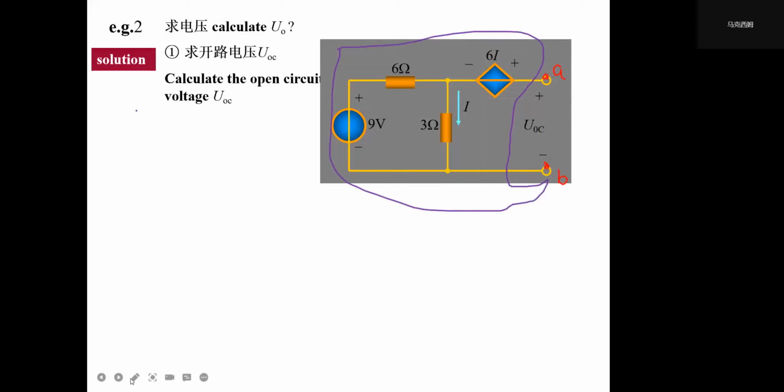So we just use this method to calculate that, right? We would like to find out what's the value of the UOC, the open circuit voltage. So we know that in the inner loop of this one, the current I equals 1.